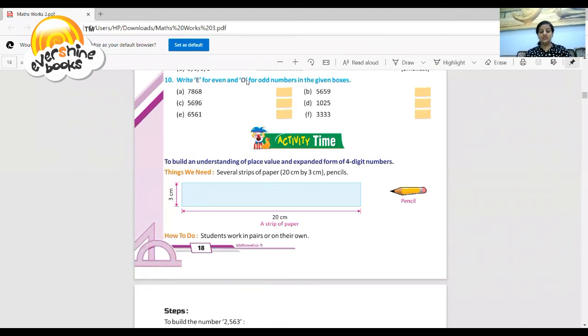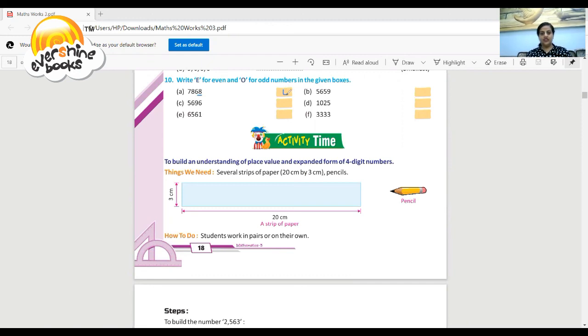Now students, this is the last point of our activity checkup. In that we have checked all the chapter's points. What we have to do is write E for even or O for odd numbers. Just see here, we look at the one's place. This is 8, so it is an even number.